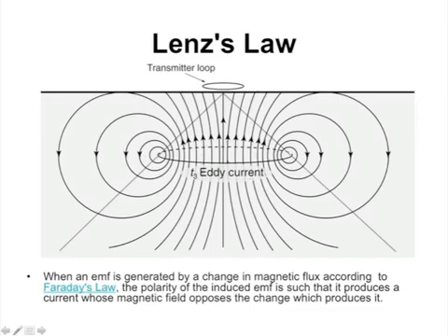We can set up a transmitter and put a sine wave of alternating current through it, and so the magnetic field being generated by that transmitter loop is constantly changing. Every time there's a change, it's going to induce a counteracting eddy current, and that counteracting eddy current is going to give us a counteracting magnetic field. So the inductor is resisting the changes in the magnetic field, right?